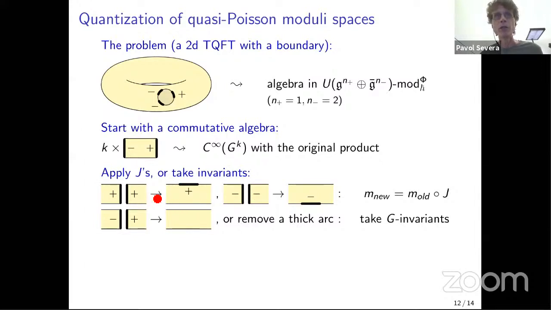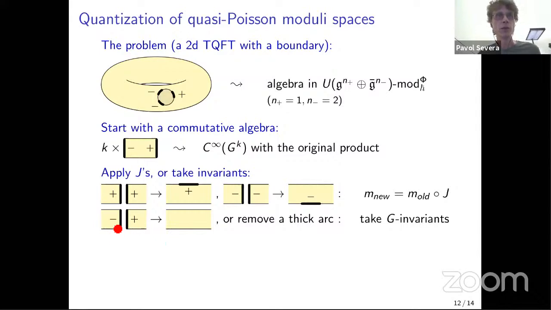The operation that we should do with the algebra is simply that we apply the tensor product, so there is this composition with J appearing. These two operations don't change the moduli space. The algebras are the same vector spaces, but now here we have an action of G and another action of G. Here we have only one action of G in place of that.